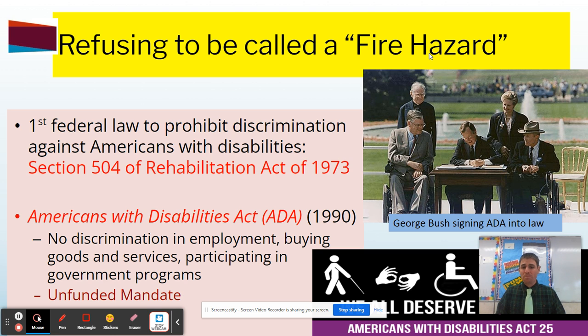So, for example, that ramp going down to the stadium, prior to how it is designed now, it was not ADA compliant. It was just a slope that was too steep. And as a result, if I'm in a wheelchair, that would allow me to go too fast. It could be dangerous.